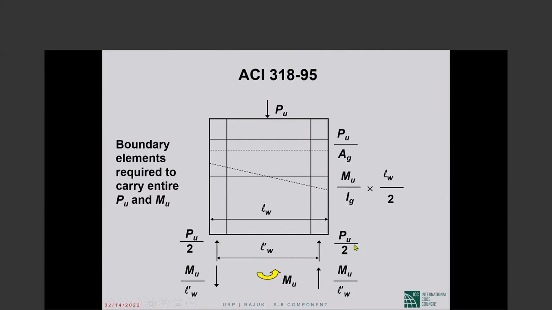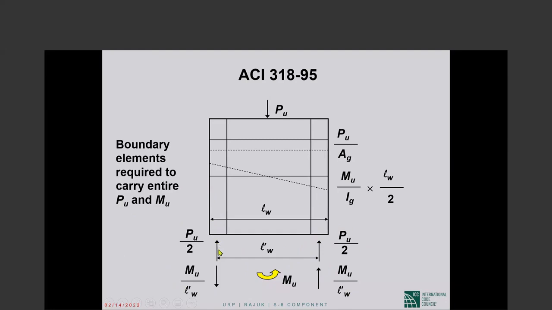Okay, so this column has to be designed for that compression. That column also has to be designed for that compression because earthquake direction reverses. When the bending moment is in that direction, that column will be in compression under the overturning moment.